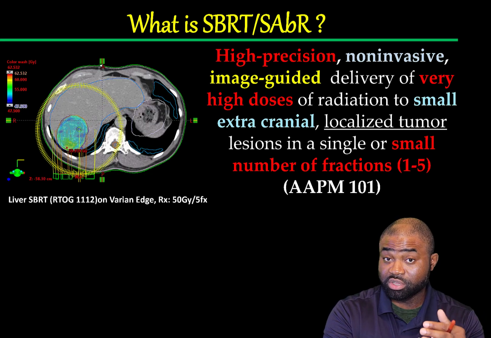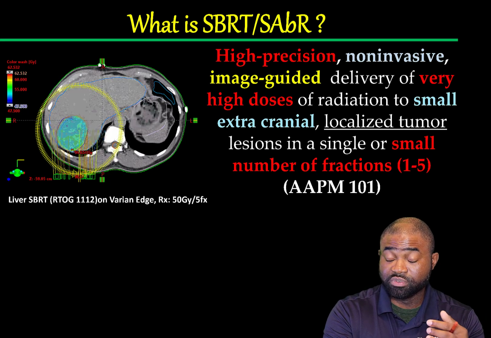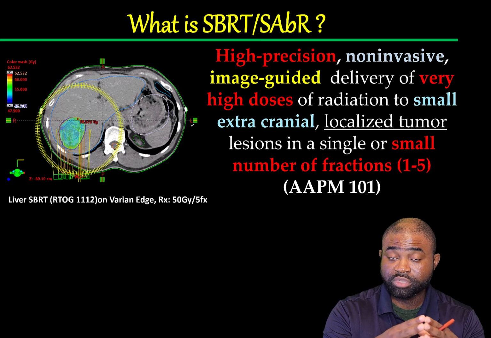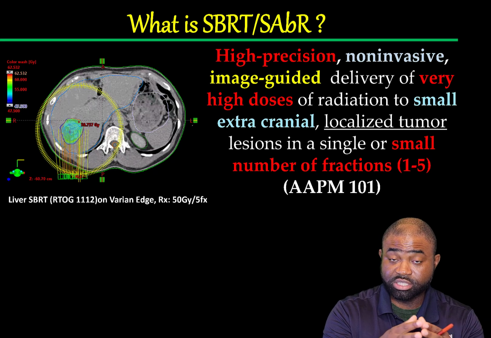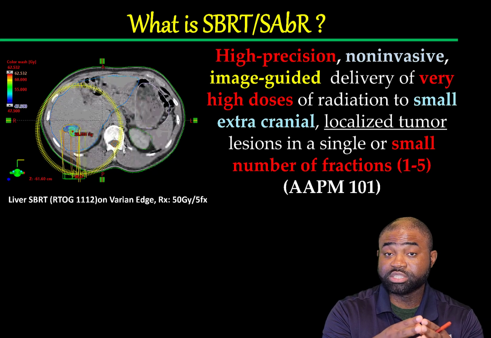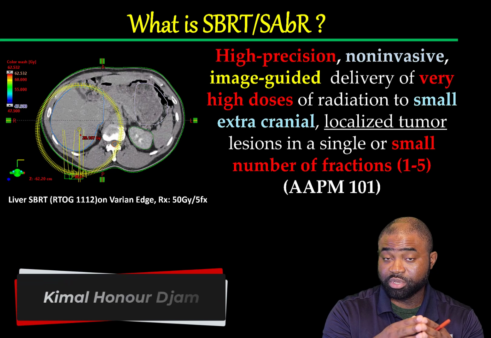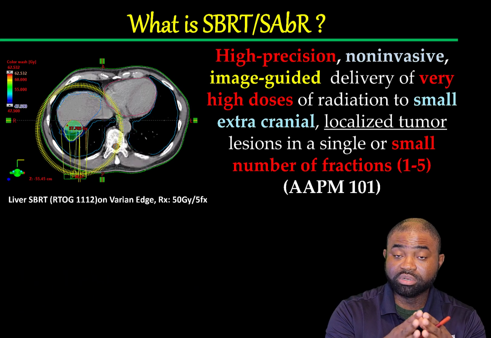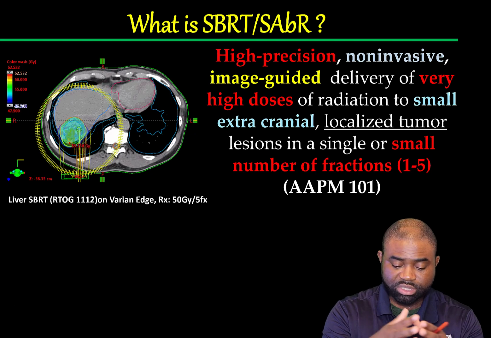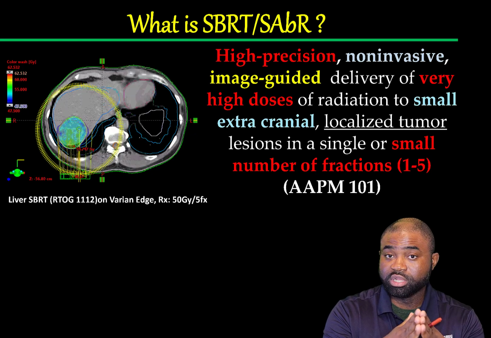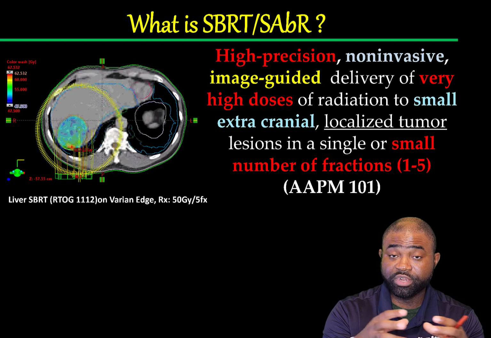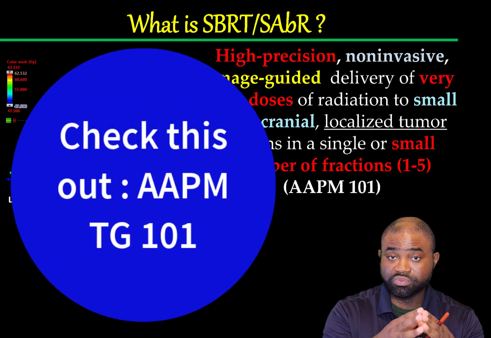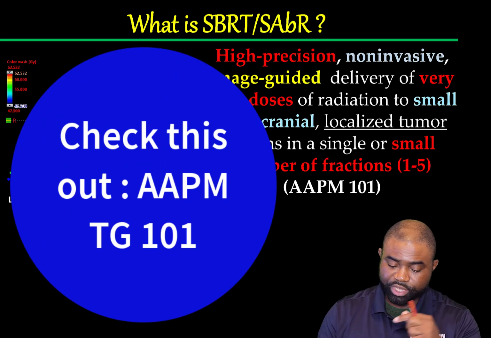Typically, these lesions are localized, and we do this delivery in 1 to about 5 fractions. For several spinal cases, we typically give just a single fraction. For lung cancer cases, we fractionate up to about 5 fractions. We will discuss this in detail in later parts. This definition is provided in AAPM TG 101, which is a good report for you to start off with.